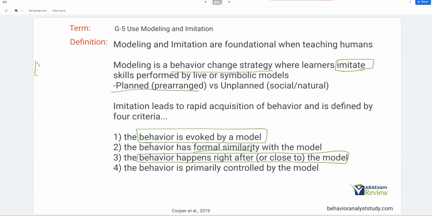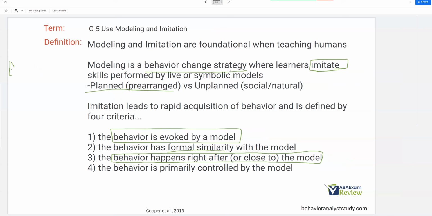If we think about research, think about confounds, these variables that affect what we're trying to do and we don't want them to. The model needs to have control over the imitation in order for it to be true imitation. And these rules are important when you're teaching imitation, because you're going to want to keep these four ideas in mind to make sure your training is effective.